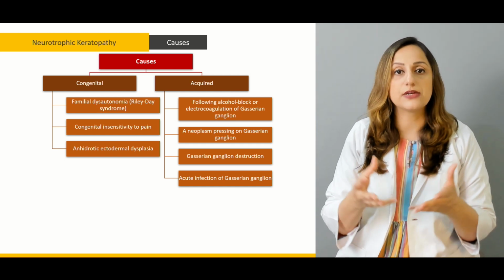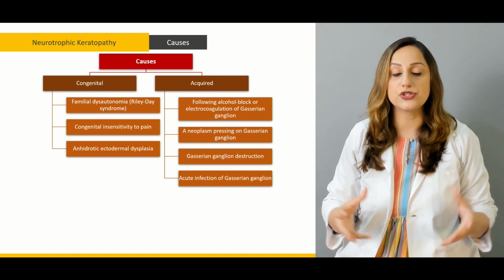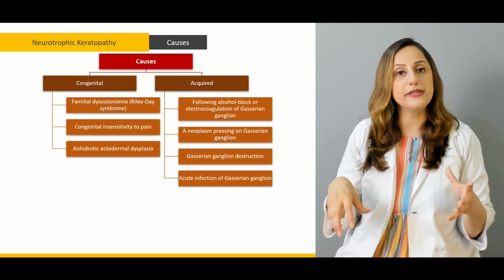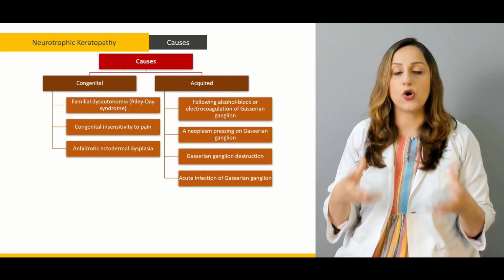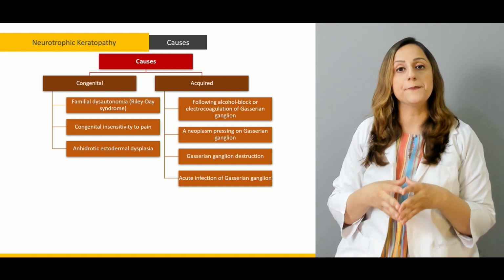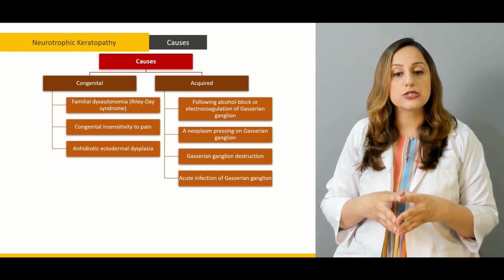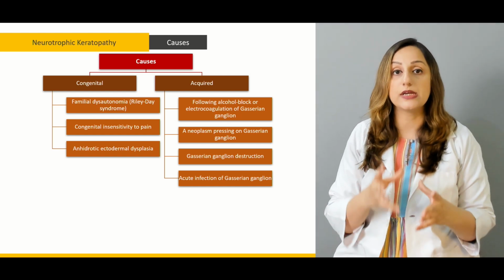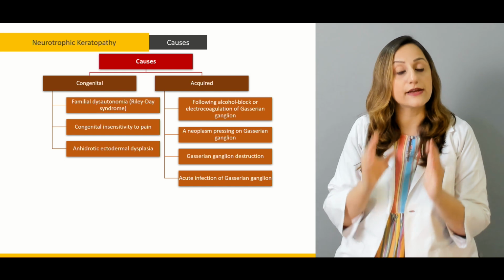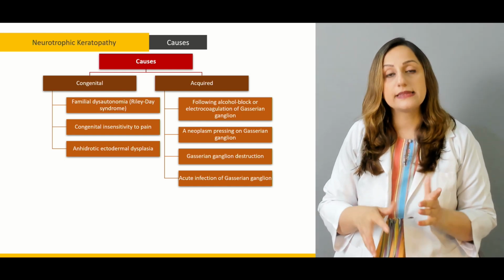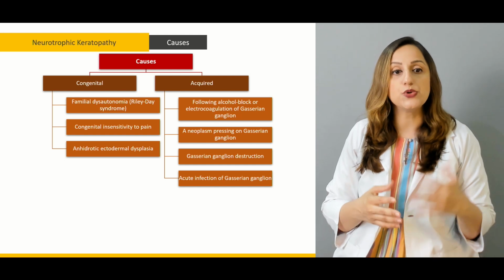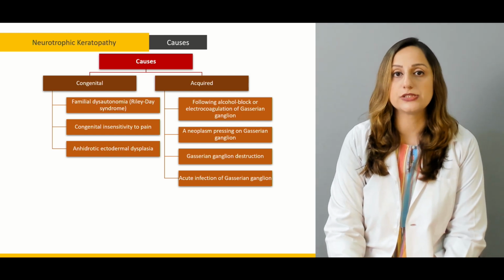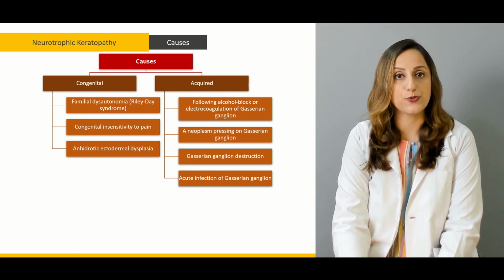Sometimes, whenever there is a decrease in the immunity of the individual, there is a reactivation of the herpes zoster virus, and it can travel back to that area and cause shingles, also known as herpes zoster ophthalmicus. So we know all the features of herpes zoster ophthalmicus. That is a different domain, but over here we're just considering that if the Gasserian ganglion itself is infected, this state is going to result in a neurotrophic keratopathy as well. So this would be one of the complications that can occur with herpes zoster virus infections.